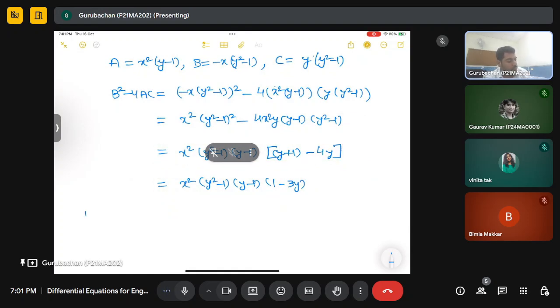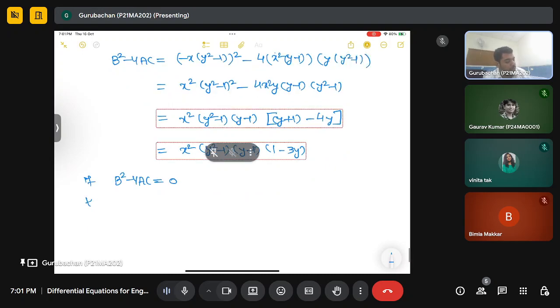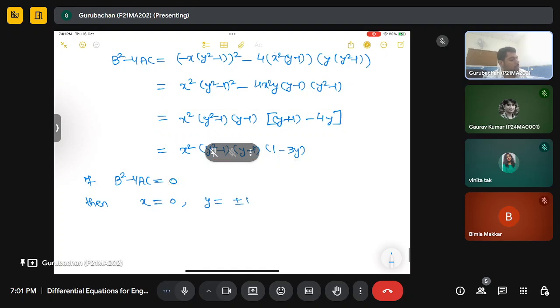So if b square minus 4ac is 0, then x can be 0, y can be plus minus 1 and 1 by 3. So in all these four possibilities, our PDE can be parabolic.